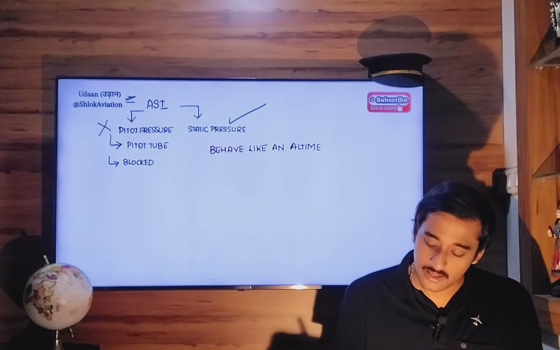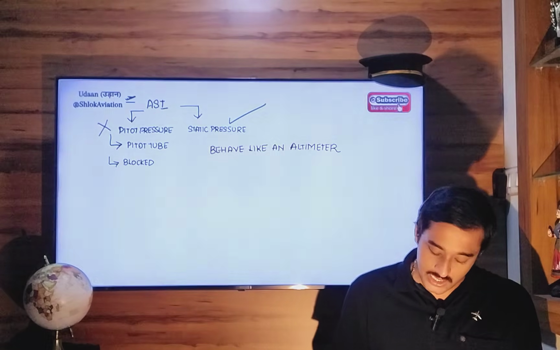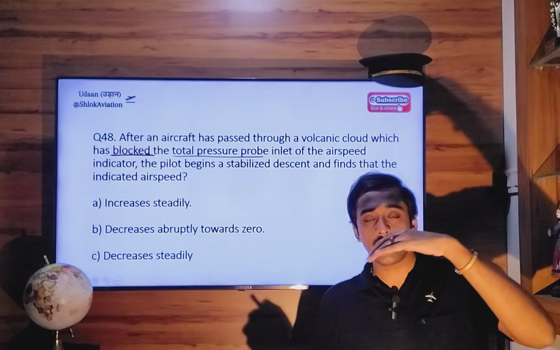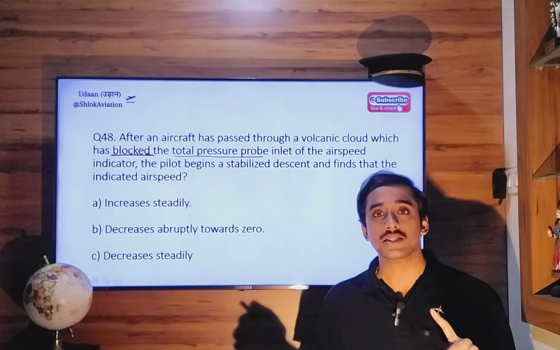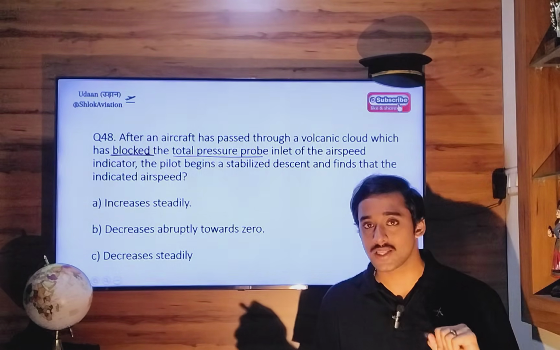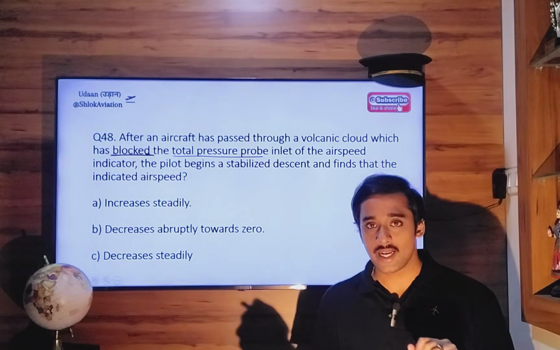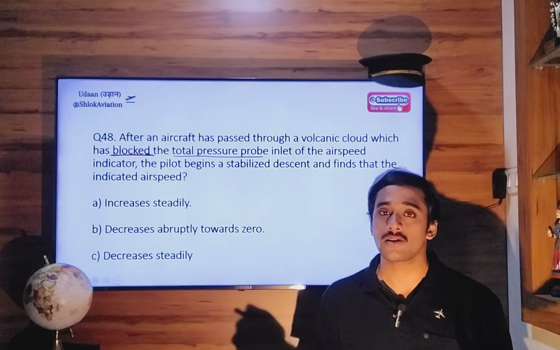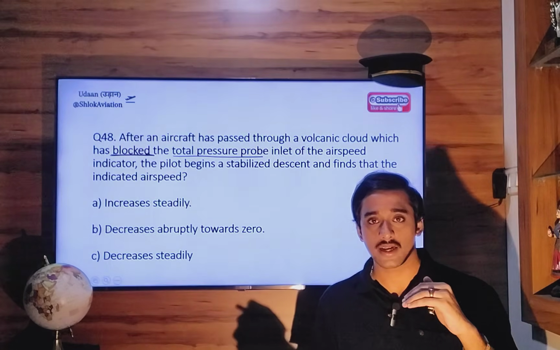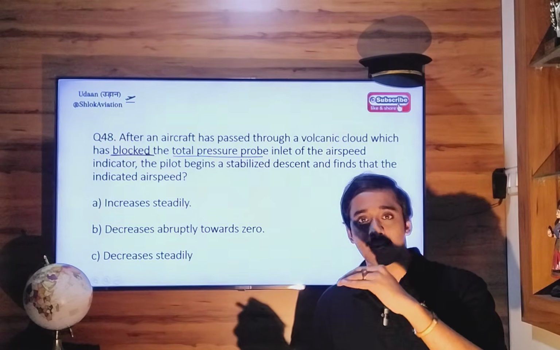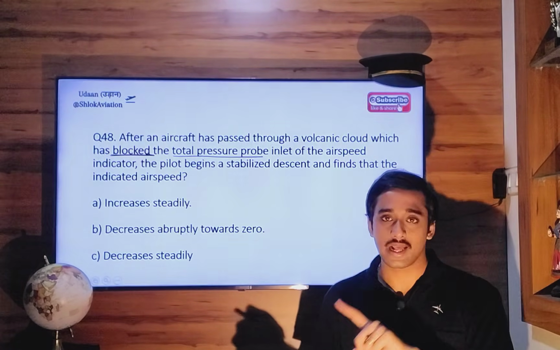So what will happen? When you begin a stabilized descent, that means when you come down to lower and lower altitudes at a constant stable airspeed, your ASI indication will also start decreasing, because it will start behaving like an altimeter. Now think what an altimeter will do when you descend. The indications of altitude will start decreasing: 5,000, 4,000, 3,000, 2,000, so decreasing.